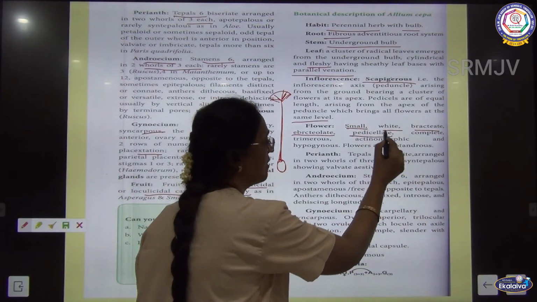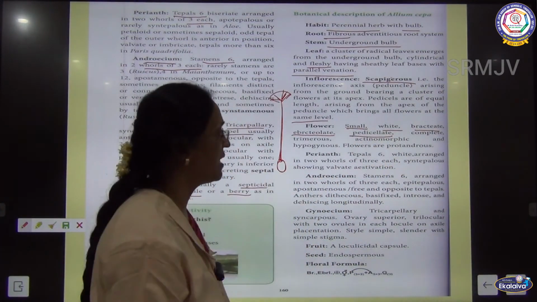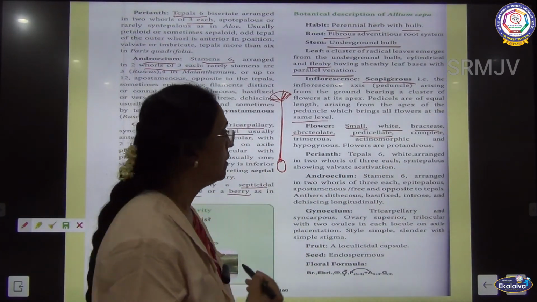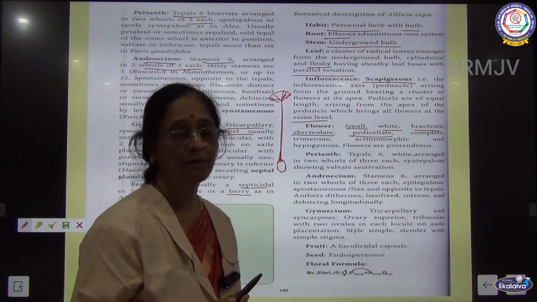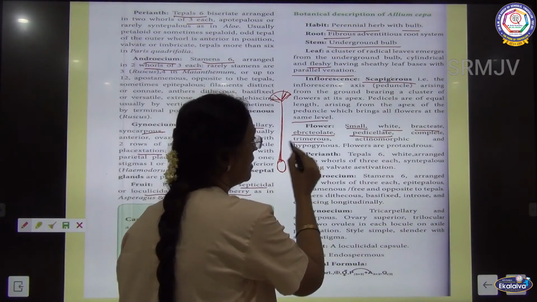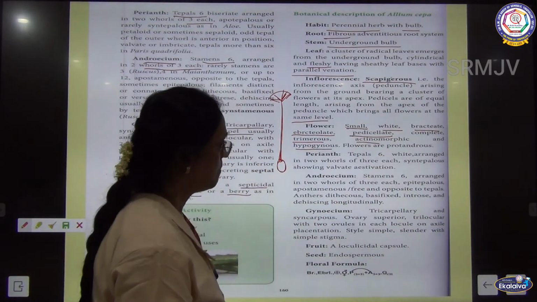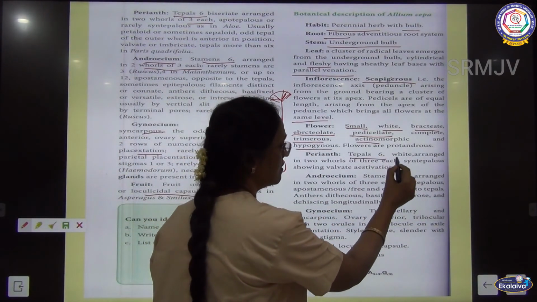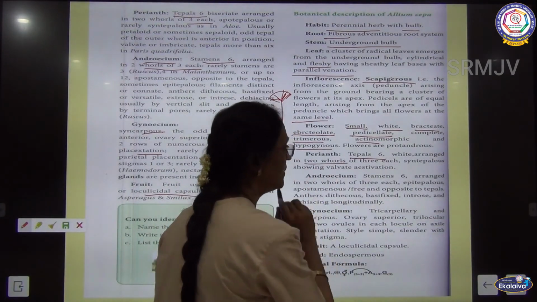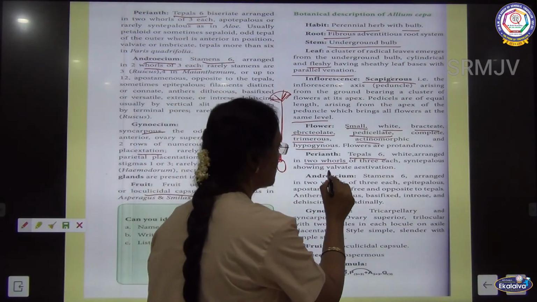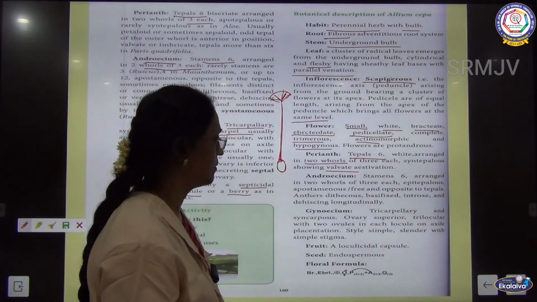This flower has a stalk, so it is pedicellate, and it is an incomplete flower. Then it is trimerous, 3 or multiples of 3, actinomorphic, hypogynous. And perianth, tepals 6, arranged in 2 whorls of 3. And what aestivation? Valvate aestivation.